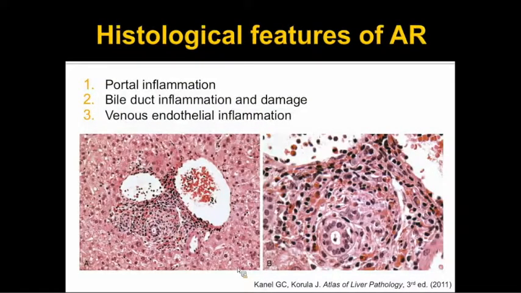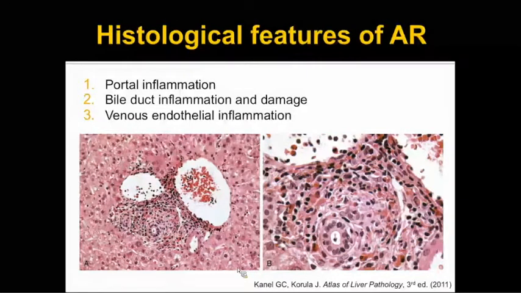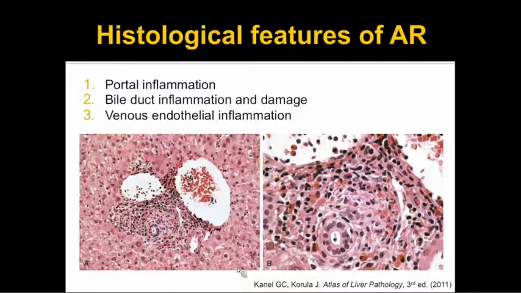So histologically, how are these diagnoses defined? The three main features of acute rejection are portal inflammation, bile duct inflammation and damage, and venous endothelial inflammation. What I have here on the slides is an episode of very classic acute rejection. On the left you can see portal inflammation that's mixed with lots of eosinophils.